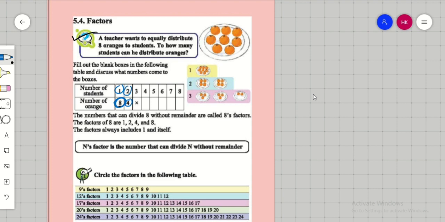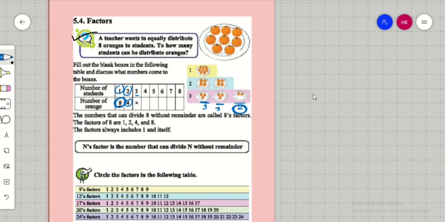But if you want to distribute these 8 oranges among 3 students, it is not possible, because only 8 oranges are available but you want to give an equal amount. The first student will get 3, the second student will get 3, but the third student will get 2, not 3. So here it is not possible to divide 8 by 3.